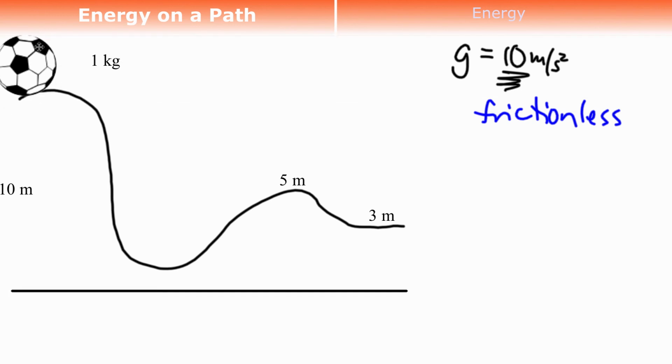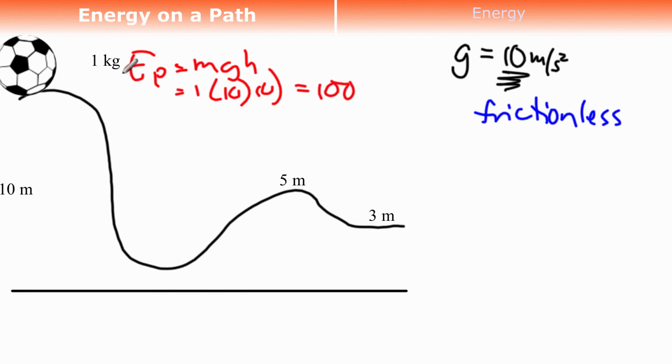So for example, if I wanted to know what the potential energy of that ball is right there. Energy potential is equal to mass times gravity times height. Mass is 1, gravity we're calling 10, the height is 10. So the ball has 100 joules of potential energy right there.